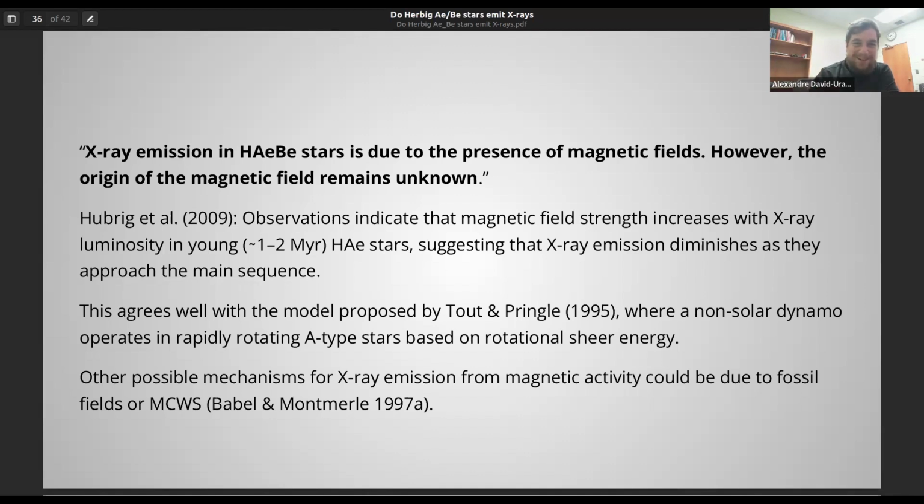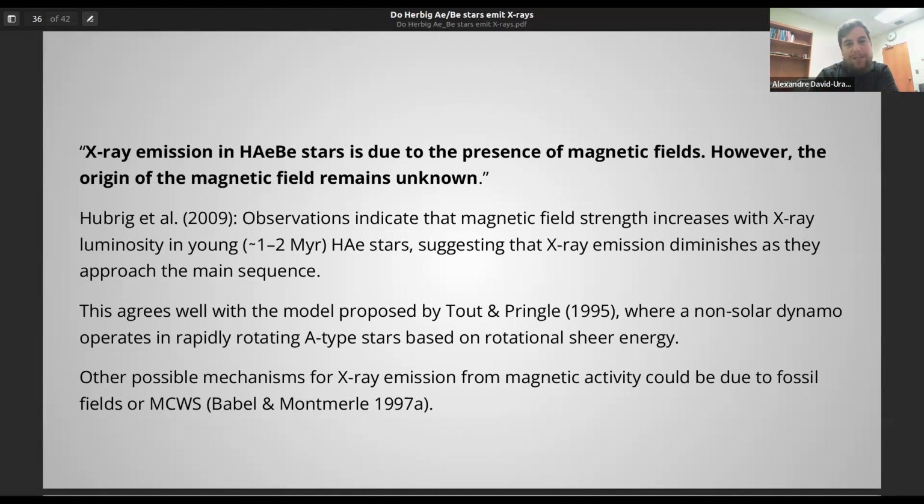I think there's something interesting here, because if you're considering both coronal and fossil fields, my understanding, and it's very limited, so I apologize if this is a naive question, is that for intermediate T Tauri stars, there was a study by Villebrun showing that as they go through changes in their internal structure, you see fields appearing, and they could be seed fields for fossil fields later in life.